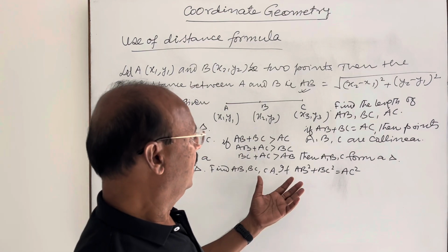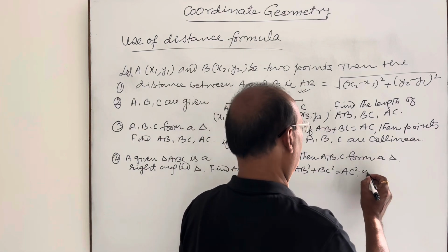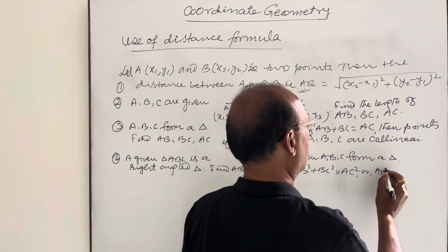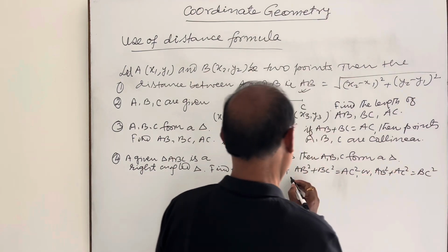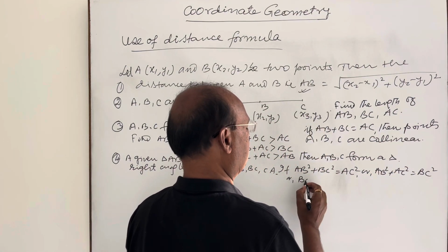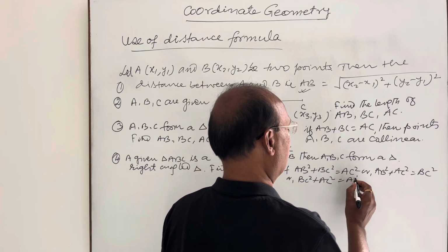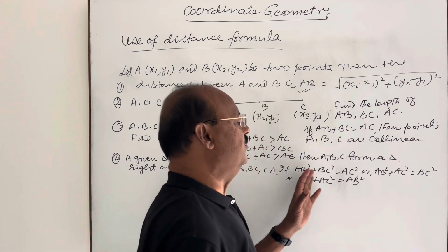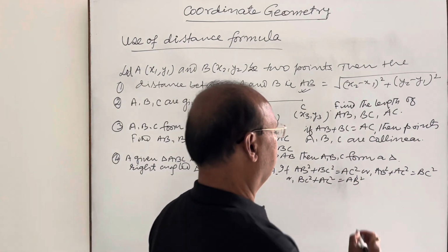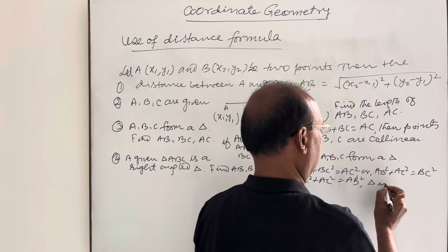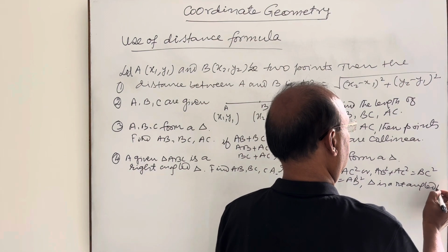So either AB square plus BC square is equal to AC square, or AB square plus AC square is equal to BC square, or BC square plus AC square is equal to AB square. If any one of these three cases takes place, then the triangle is a right angled triangle.